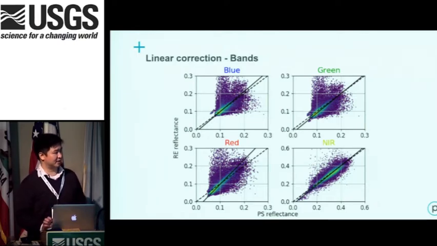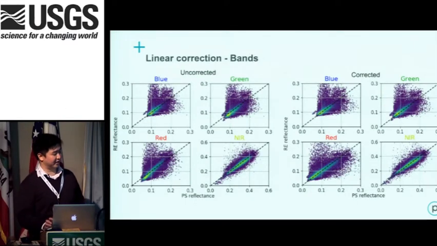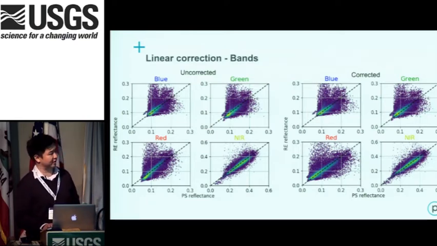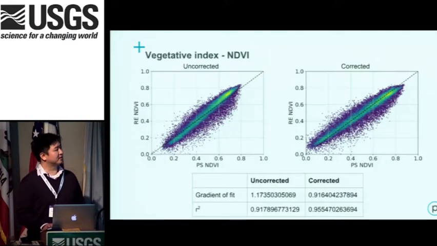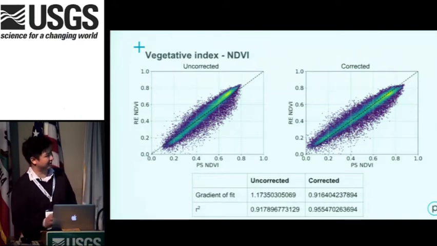And there's a clear linear trend in the data, which you can fit to. And if you calculate that fit and reverse it, you can get some corrected results from it. And how this affects the vegetative indices is like so.